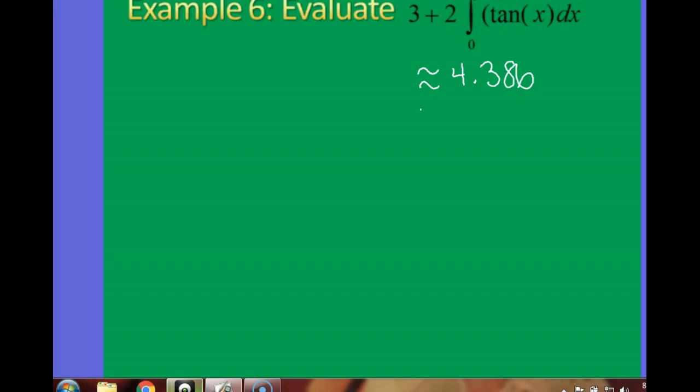I guess trying this one. Do you want to type this one in? Where do you put the plus 3 at the end?